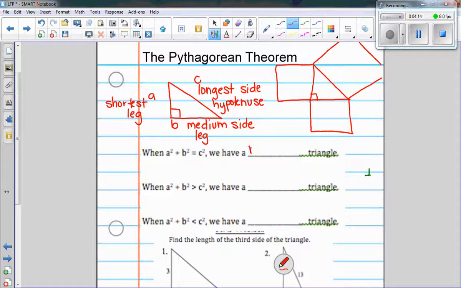And if that's the case, then we have a right triangle. So if A squared plus B squared equals C squared, you have a right triangle.